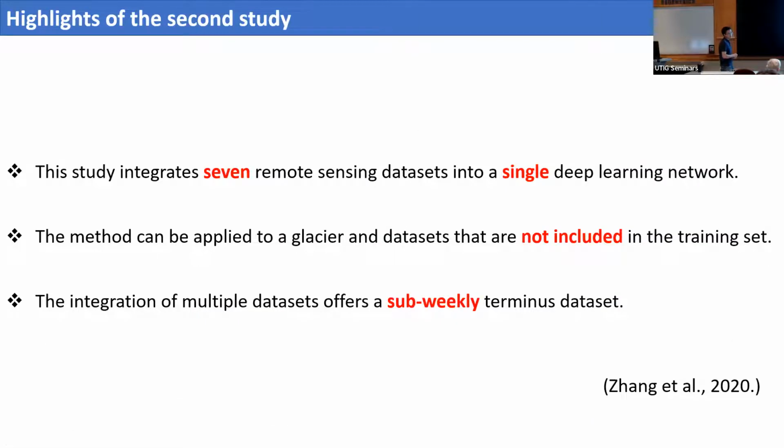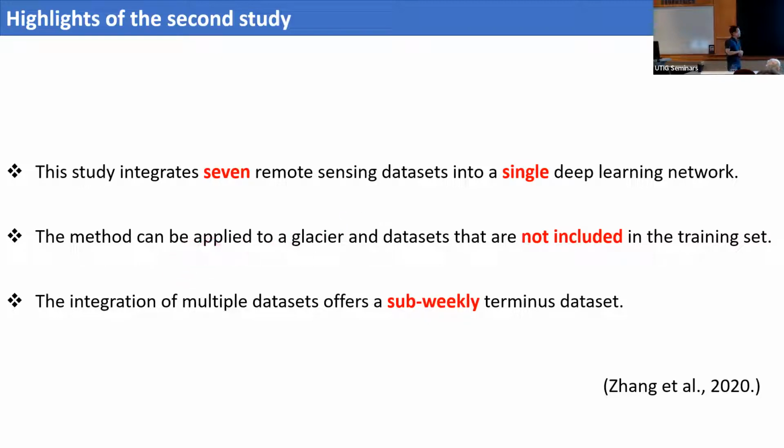So to summarize the second study, we integrate 7 remote sensing datasets. With a single deep learning network, we can apply it to the 7 remote sensing datasets and extract the terminus traces.